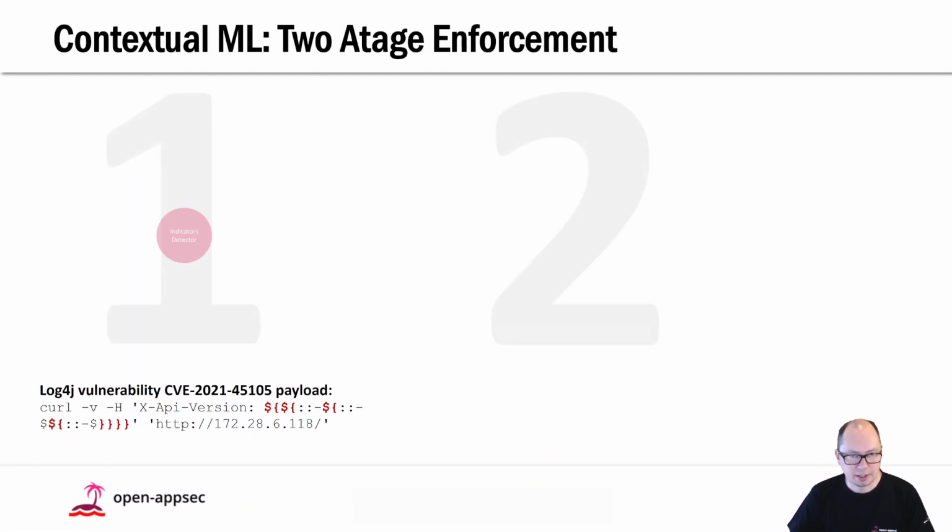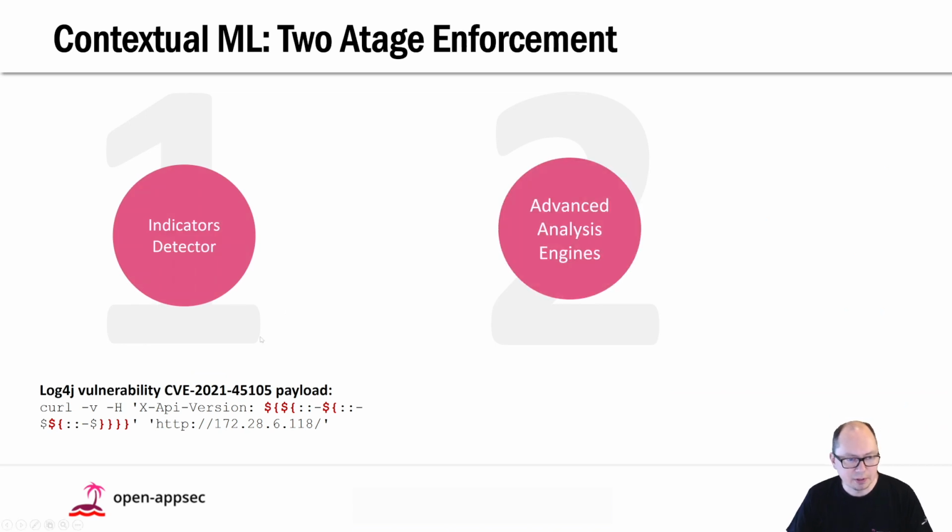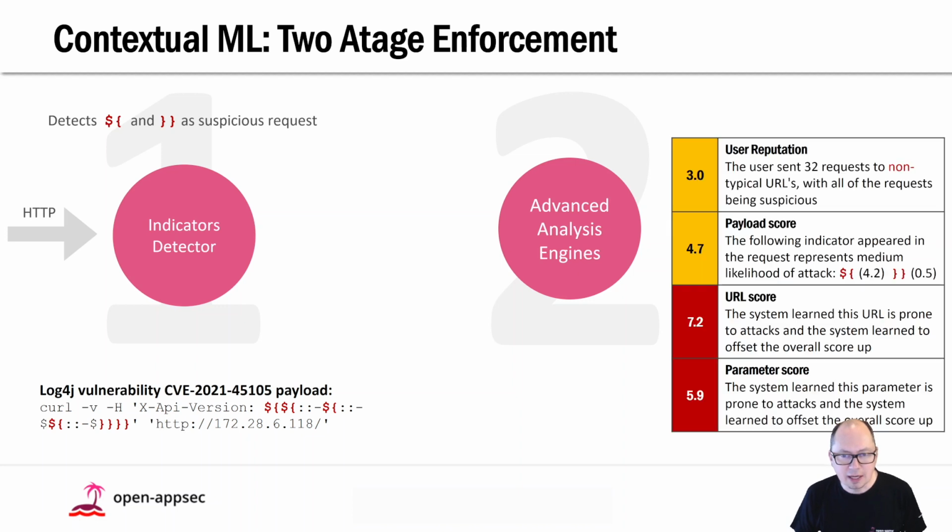So in the third CVE example, we have the request here, and in this case there are actually two indicators. One is the ${ curly brace, and the second one is the two closing curly braces, which we also know from our offline model, where we analyze these millions of malicious requests, that they both have somewhat of an indication of a request being malicious.